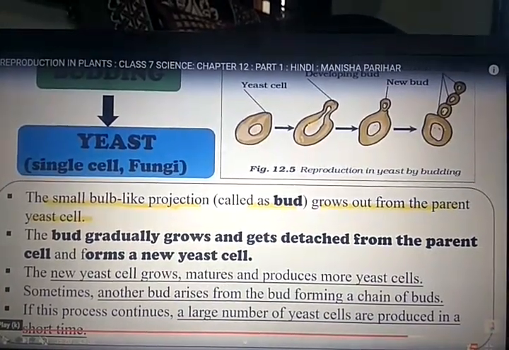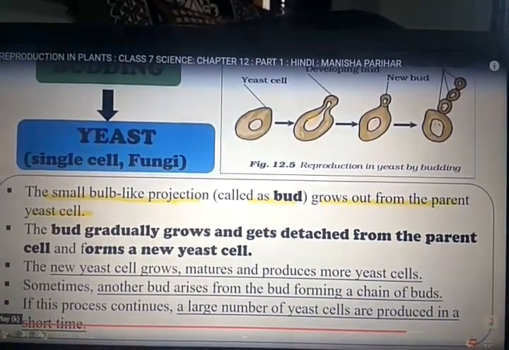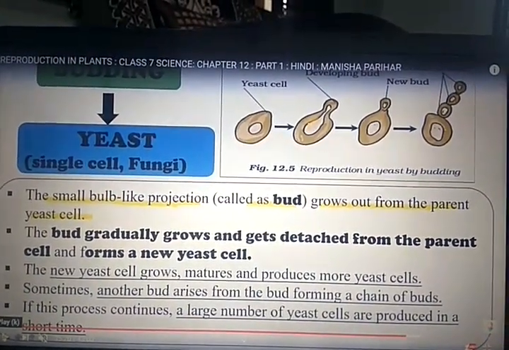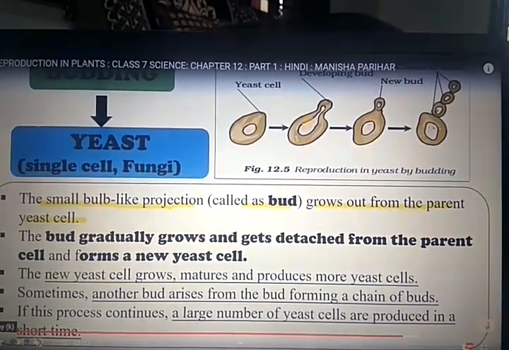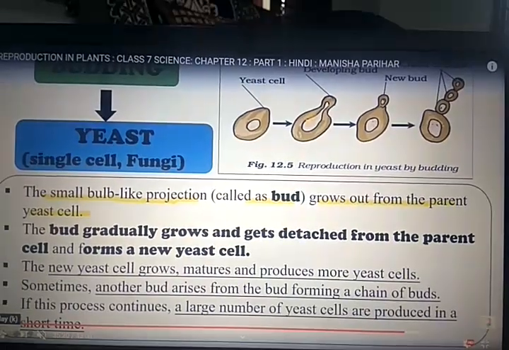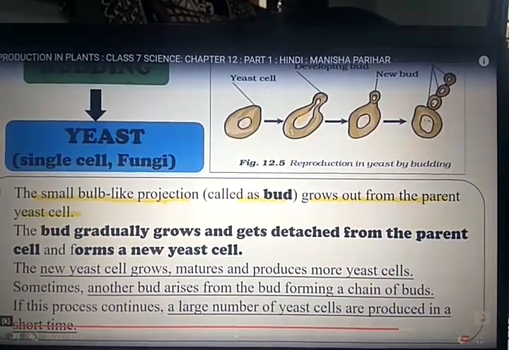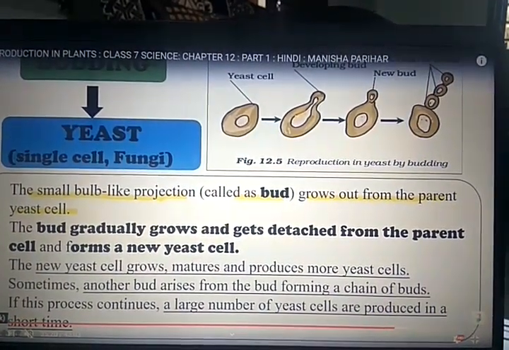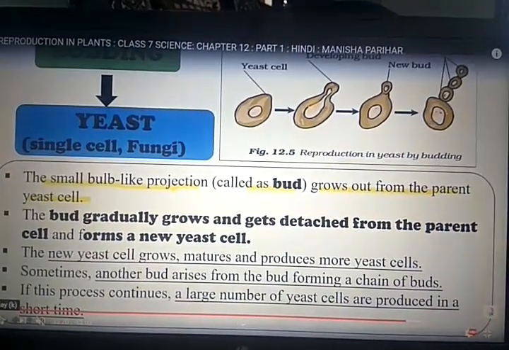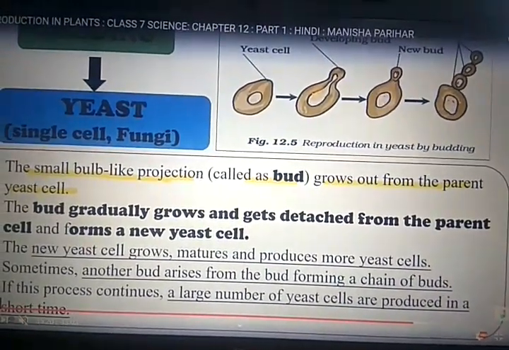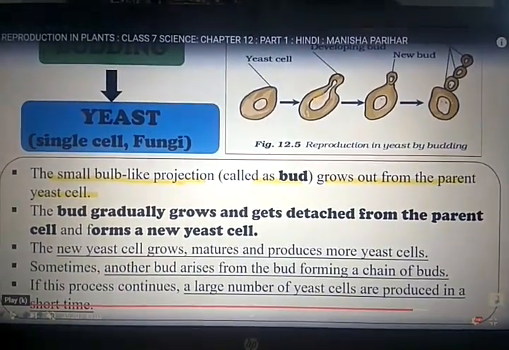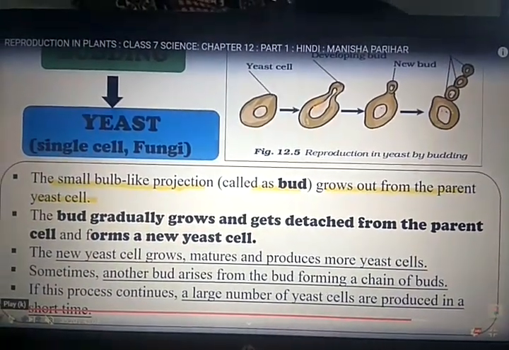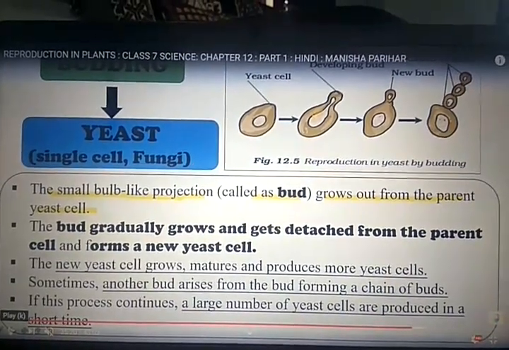The new yeast cell matures and produces more yeast cells. Sometimes another bud arises from the bud, forming a chain of buds that you can see. If this process continues, a large number of yeast cells are produced in a short time.